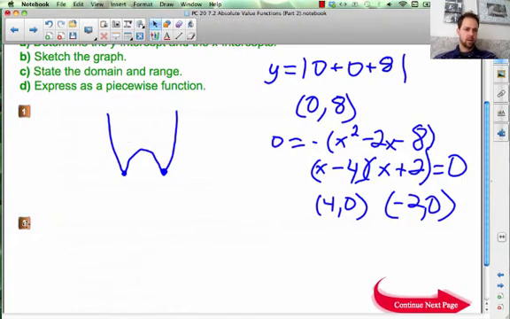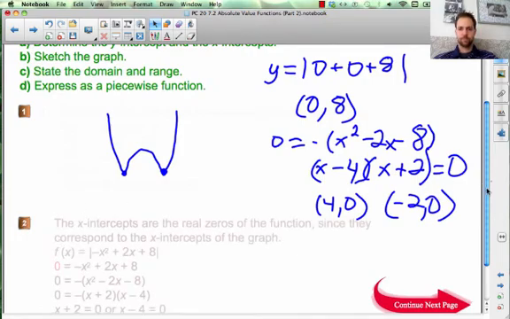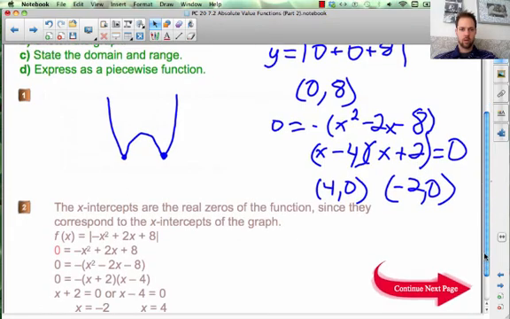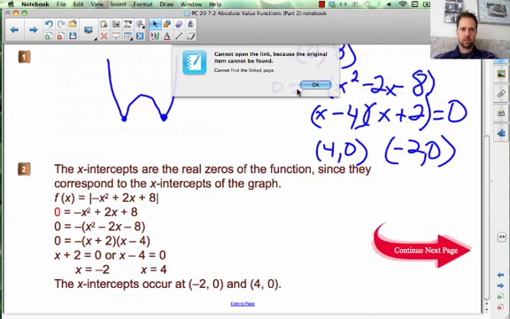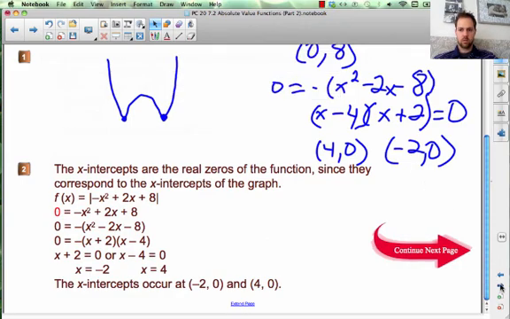Okay, so let's go ahead and confirm. Oh, that's the x-intercepts.